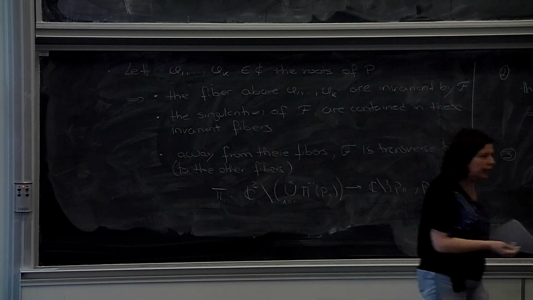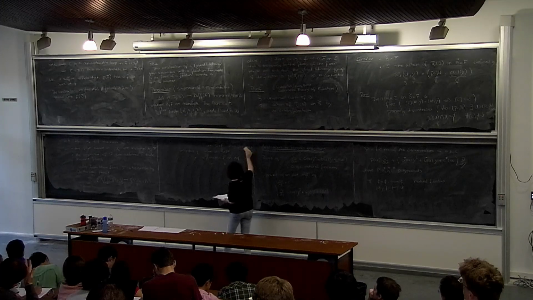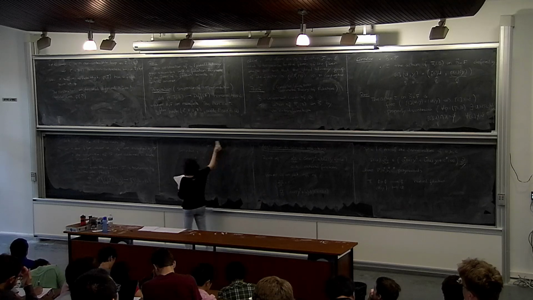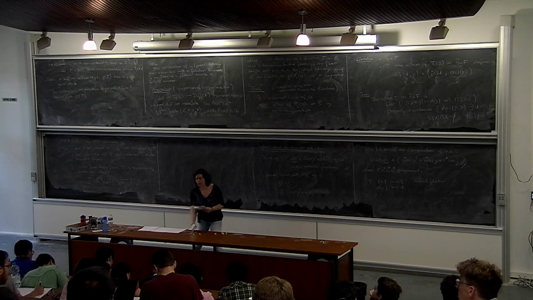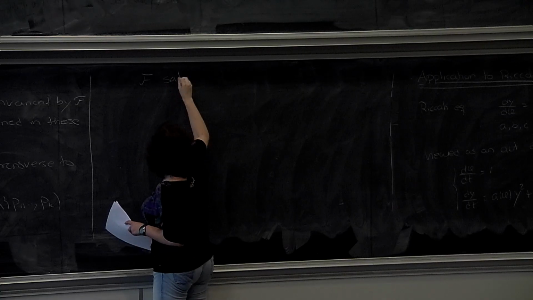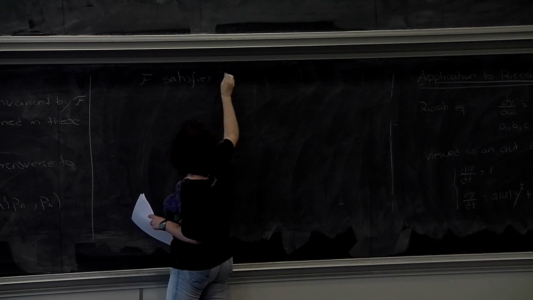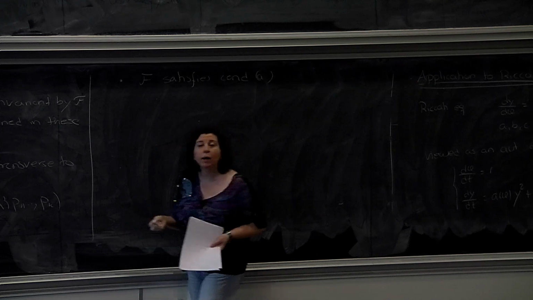So this can be viewed as an extension, because I have defined this for regular foliations. We can define this for the other cases. Okay, so here, this foliation satisfies condition A. And what about condition B?